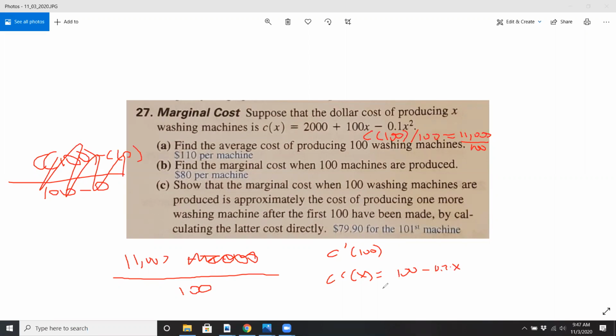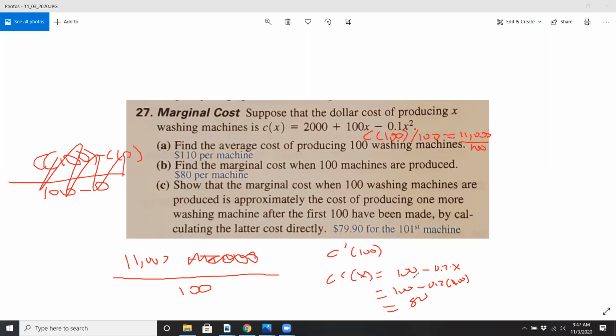So when you plug in 100 into that, that's going to be 80. So what that really means is that the 100th machine cost you $80 at the moment that you made it.